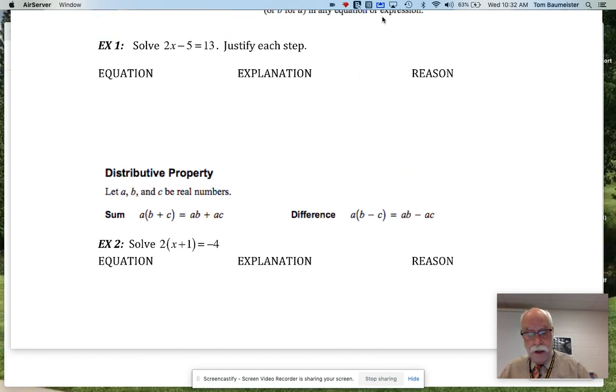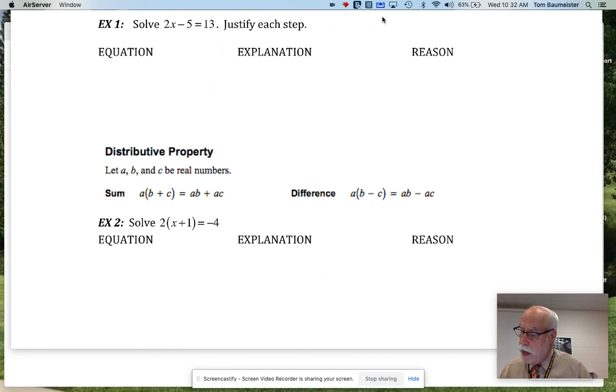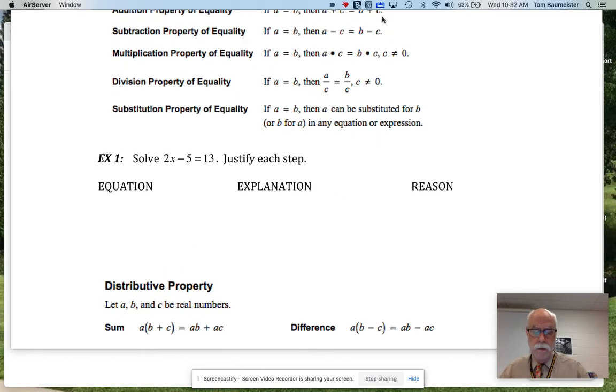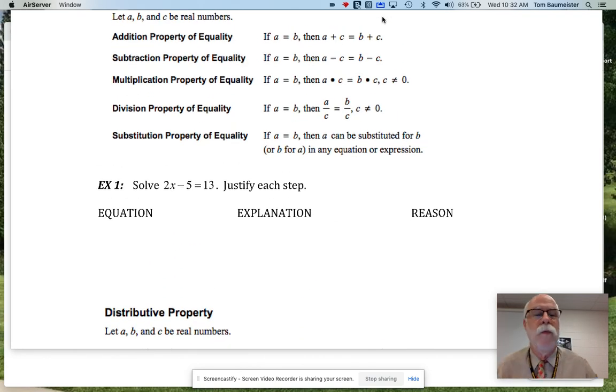We're going to solve 2x minus 5 is equal to 13, and we're going to justify each step. The first step is to write down our equation: 2x minus 5 is equal to 13.